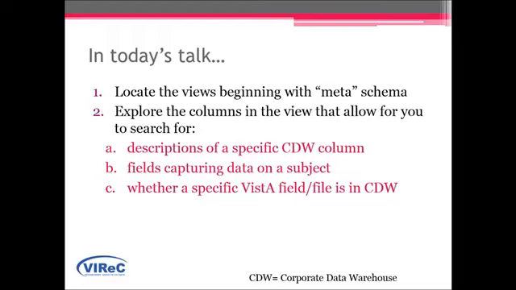How do you figure that out? Or capturing data on a specific topic, where you can search for that topic by keyword, or searching for some information from a specific field or file from VistA that you know exists and you're wondering if it's linked to the Corporate Data Warehouse.